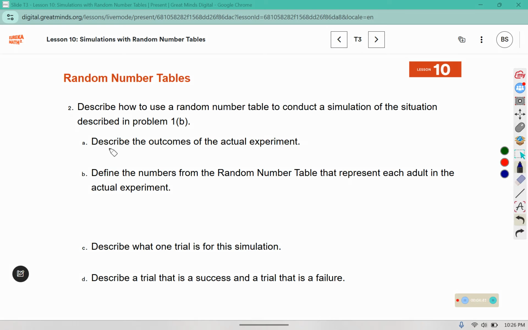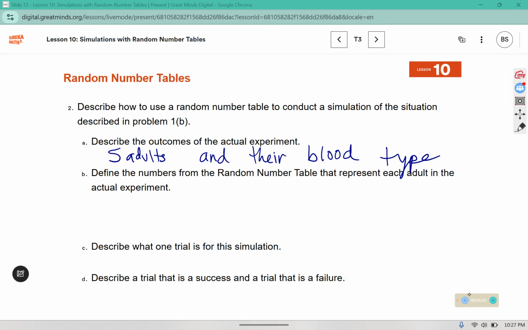The real outcomes would be the 5 adults and their blood types, which could be A, O, or a different blood type. To find the numbers from the random number table that represent each adult in the actual experiment, we could use the numbers 1 through 6 to represent A, since that was 6%.